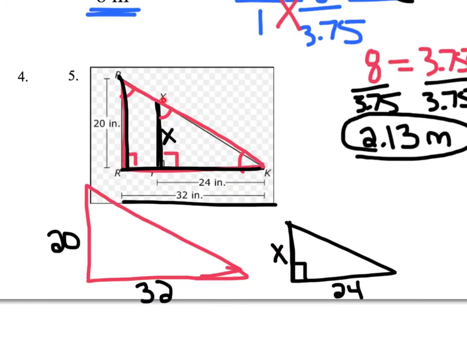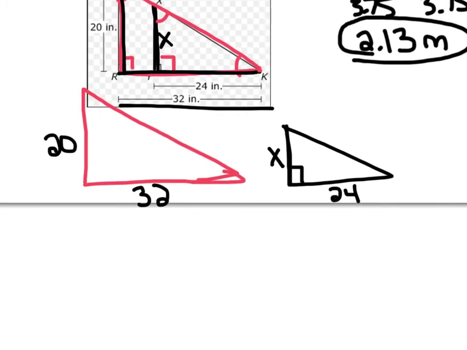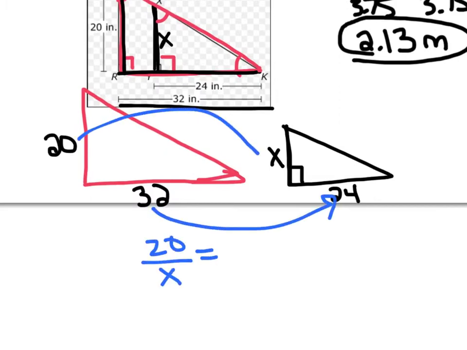I'm looking for that height there, which we'll call x. Maybe we could have called it a or h, and set up a proportion to solve. Lots of ways to do it. I like 20 is to x as 32 is to 24. Let's see what happens there.